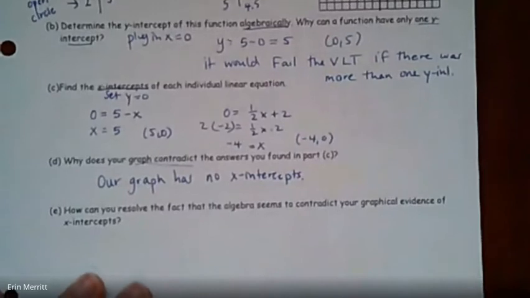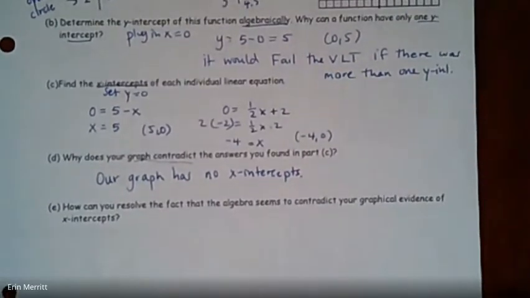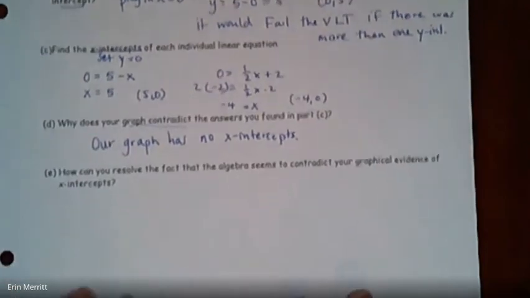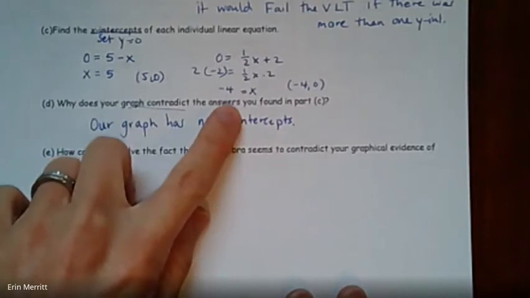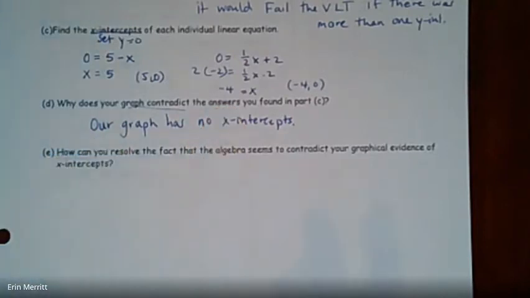Okay. When it's asking how you can resolve the fact that the algebra seems to contradict your graphical evidence, well, you would only have the x-intercepts if those particular x values were plotted, and they're not. We have restricted domains.